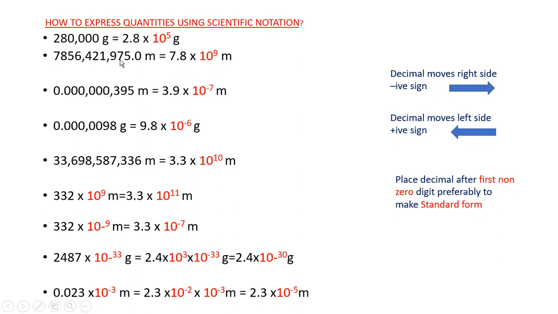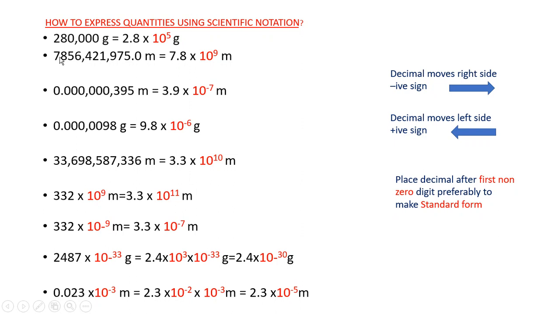Now in this next value, as you can see, there are a lot of digits. So how can a student memorize this value? We will make mistakes in calculation, so we have to write it in the simple short form, scientific notation, to make our work easy. As you can see, the 0 is here. We will move this decimal and bring it after the first non-zero digit, 7.